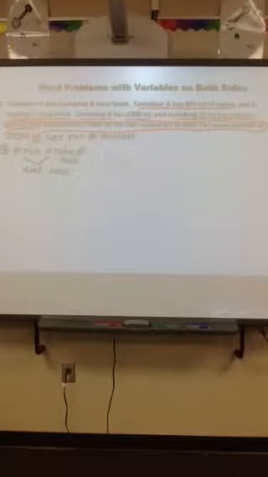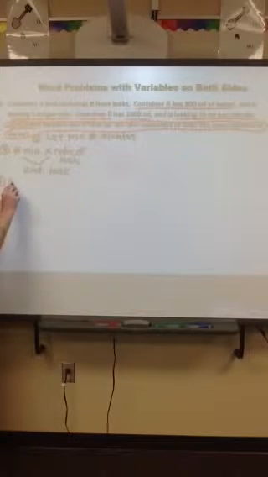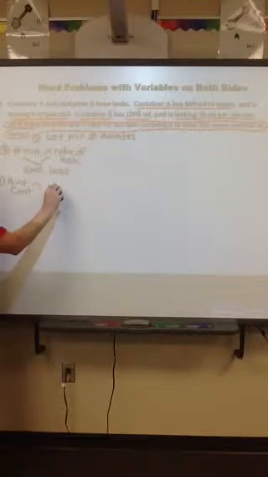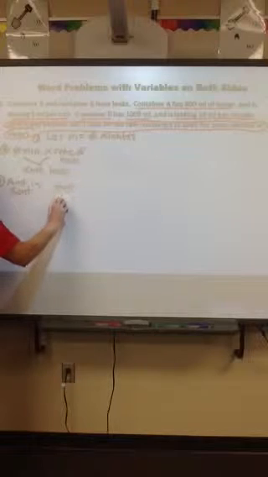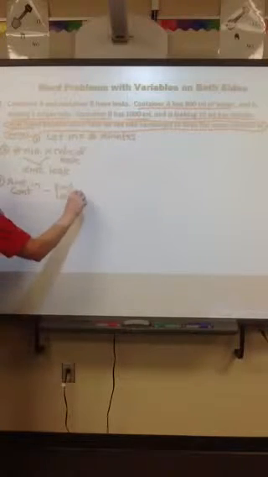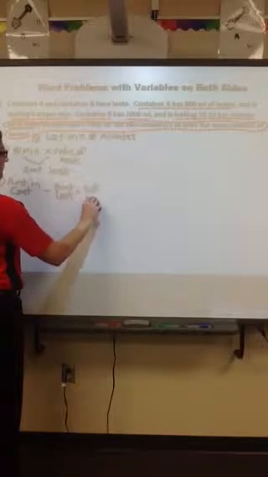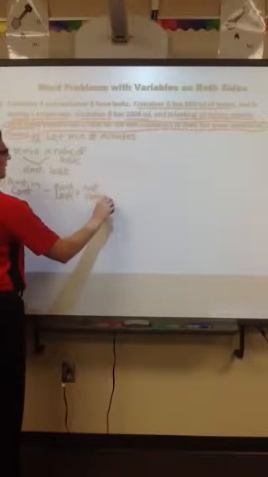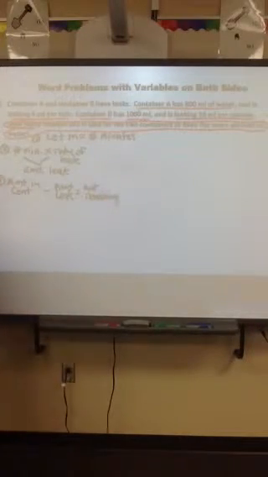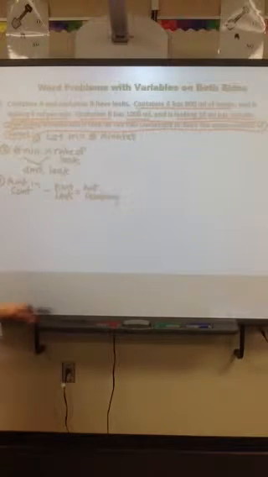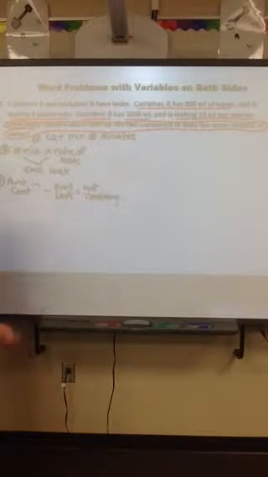And then the other thing we need to know is that if you take the amount in the container, so I'm going to say AMT for amount in container, minus the amount of the leak, that's going to give you the amount remaining. And we want to find out how many minutes it will take for the two containers to have the same amount of water remaining in them as they leak out.